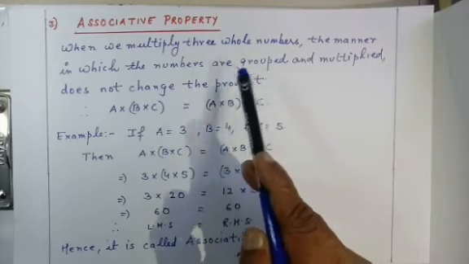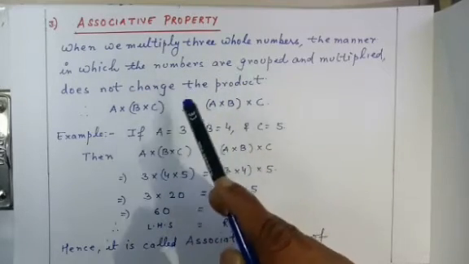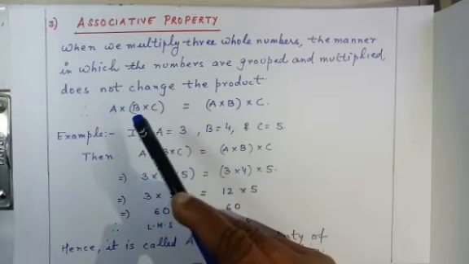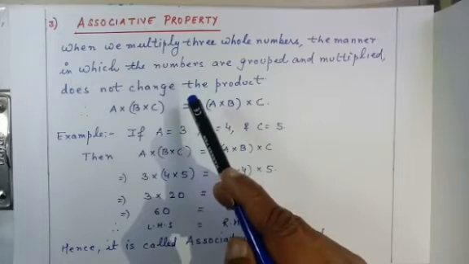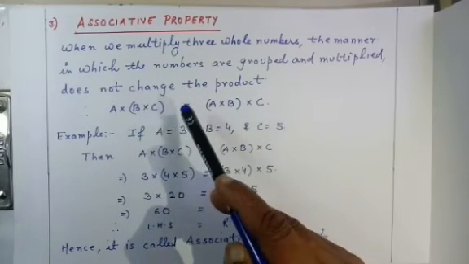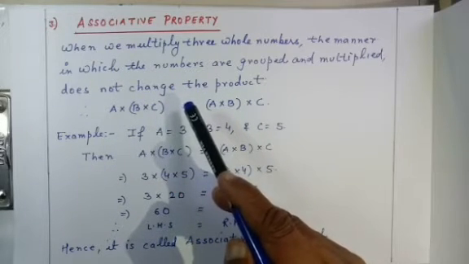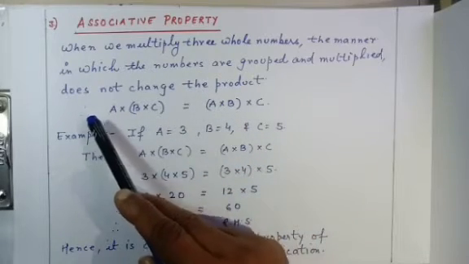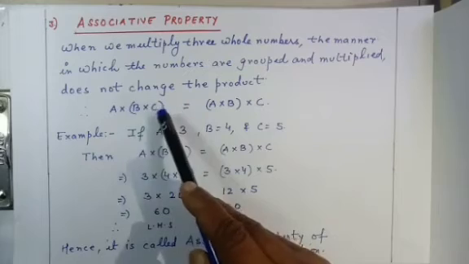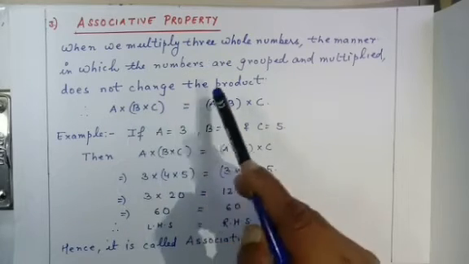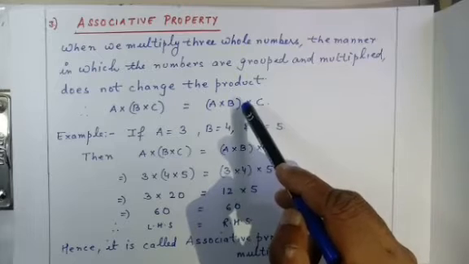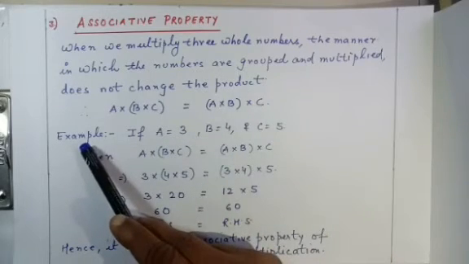It means that in whatever manner we group the numbers, when we multiply them, we get the same product on both sides. Therefore, a into b into c in one bracket is equal to a into b in one bracket into c. Let us see with the help of an example.